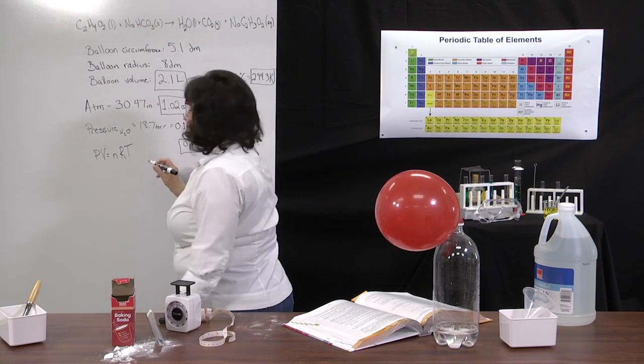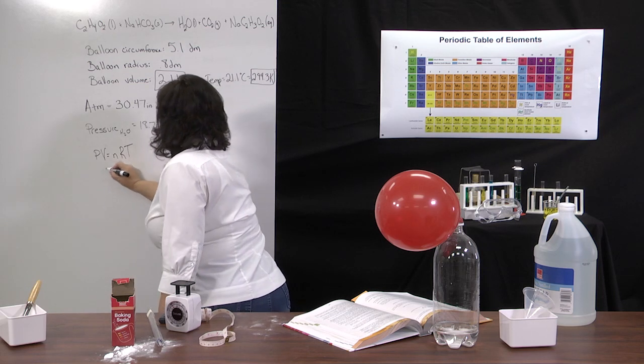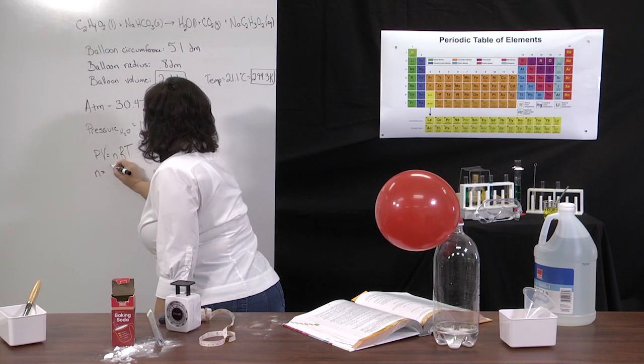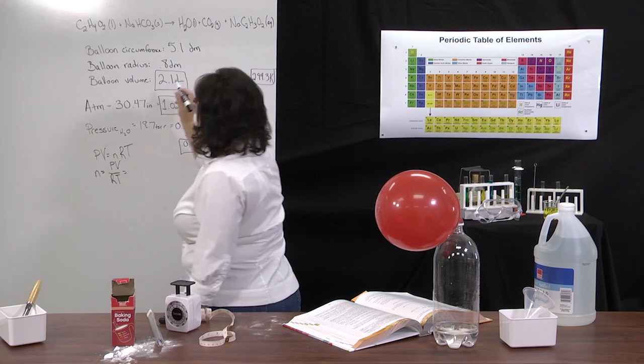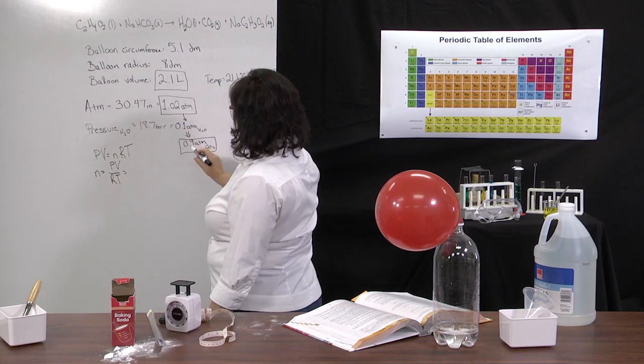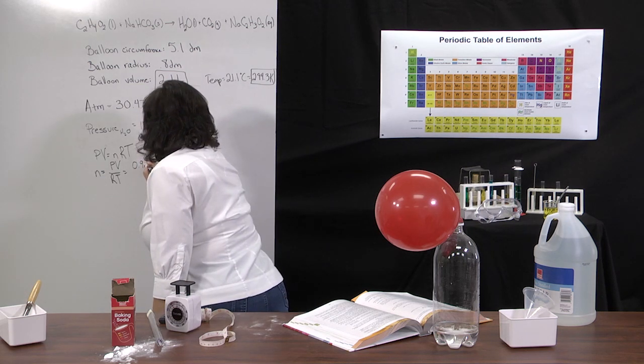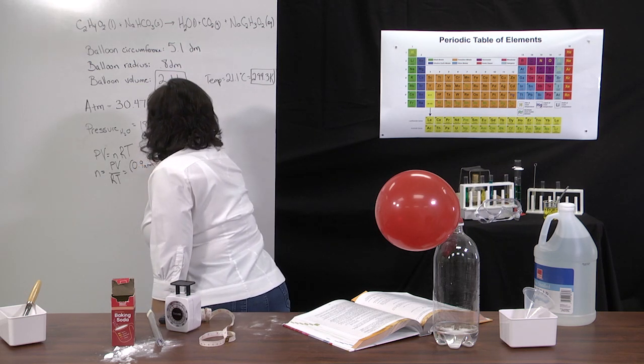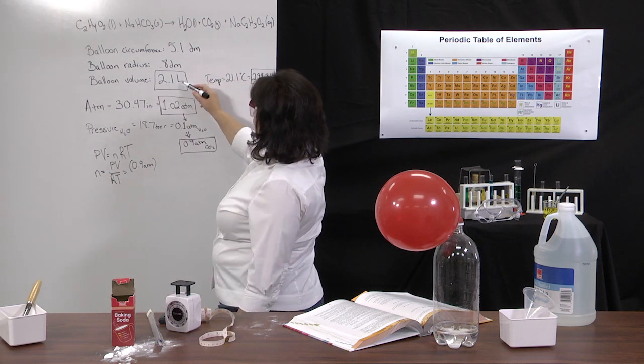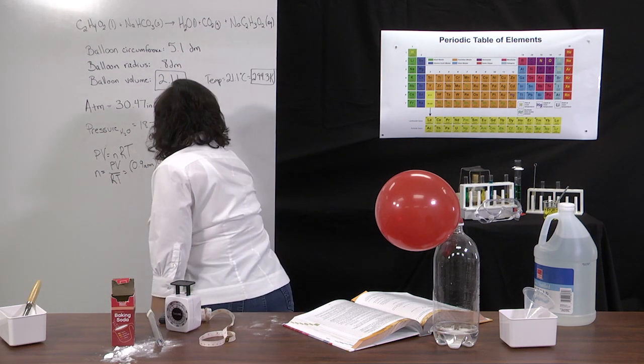And solving for n, which is what we're looking for, n equals PV divided by RT. So our pressure value is 0.9 atmospheres. Our volume, 2.1 liters.